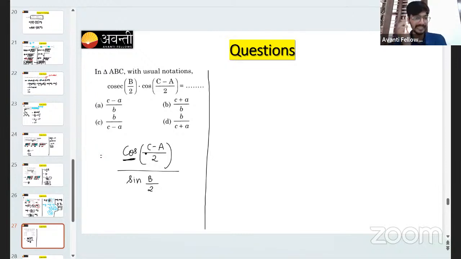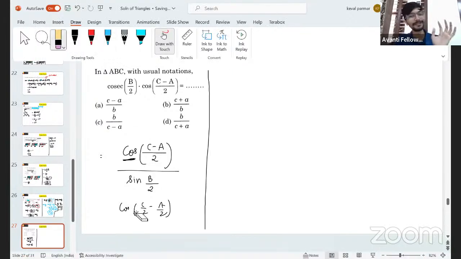Now if you think carefully, for cos there is no half angle formula or anything which has c minus a by 2. So we can't do anything with cos directly. One choice is to write it as cos (c/2 minus a/2). So using the cos a minus b formula, cos a cos b plus sin a sin b, and then using half angle for everything, all of it will come in roots. If you can imagine, there will be a lot of mess with roots that we'd have to simplify. The answer will obviously come, but it takes a lot of effort.